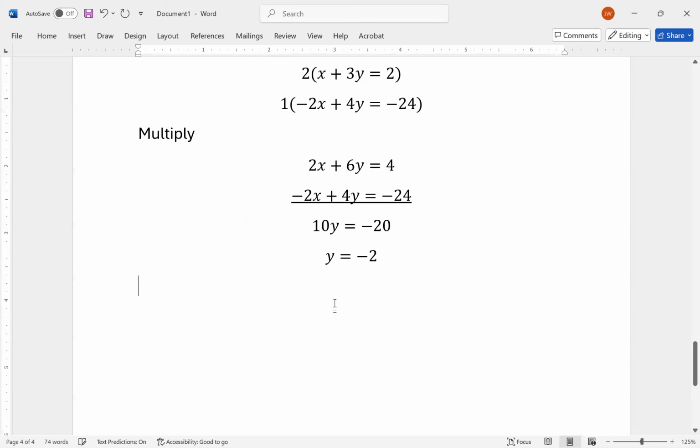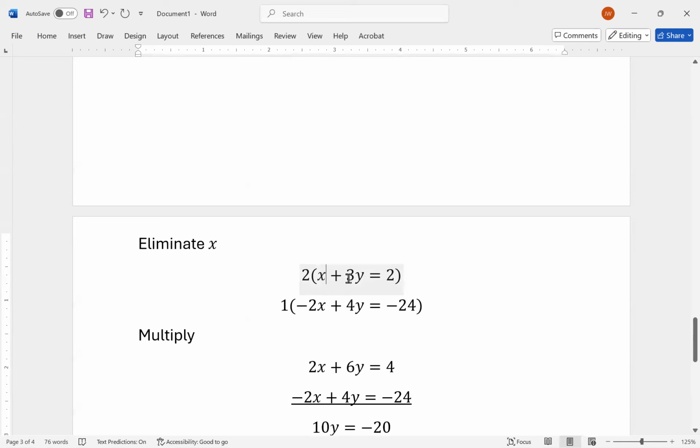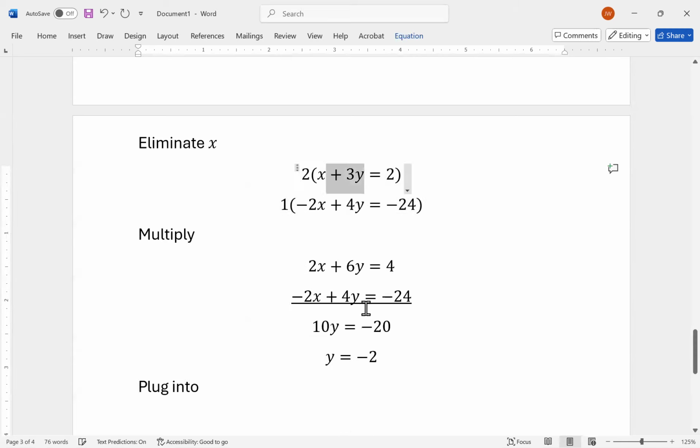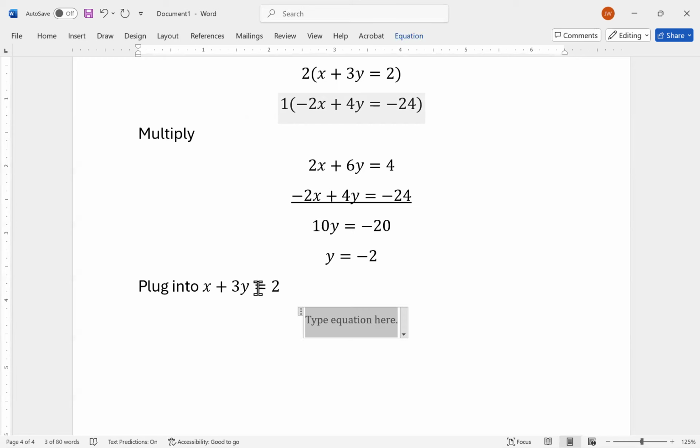If y is negative 2, I'll plug that back in. In this case, I'll plug it into x plus 3y equals 2. That'll say x plus 3 times negative 2 is equal to 2. That's x minus 6 is equal to 2.